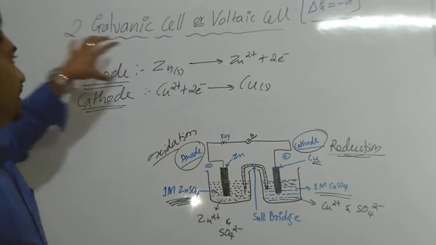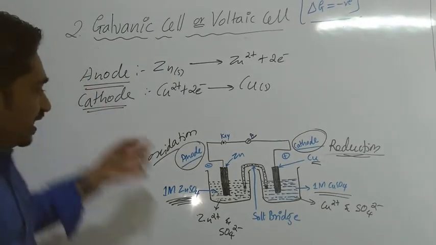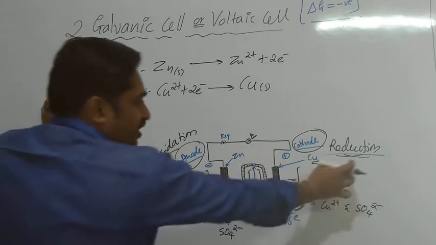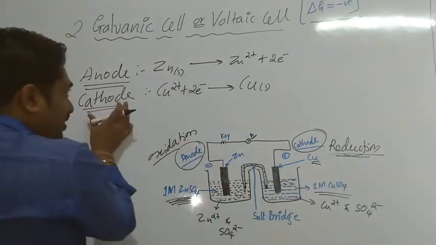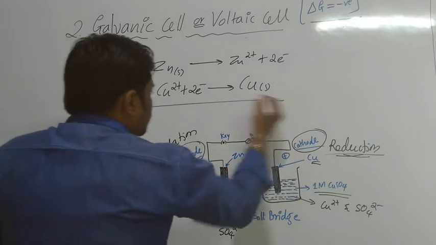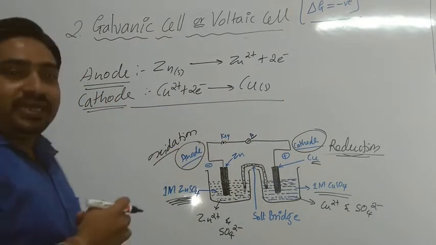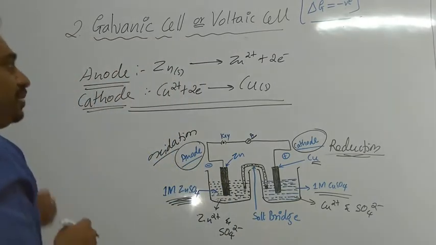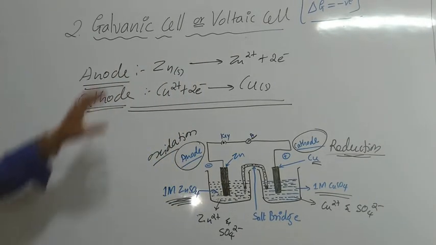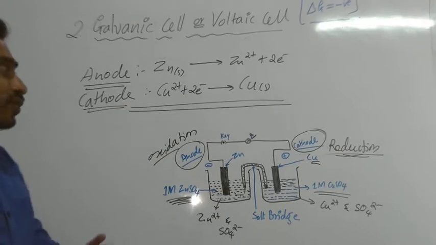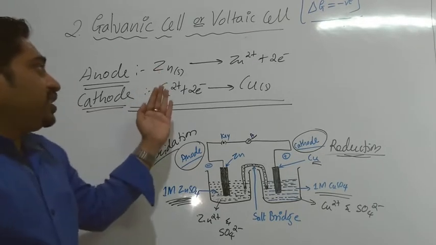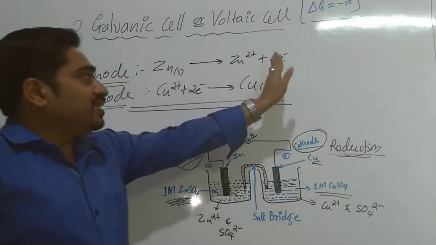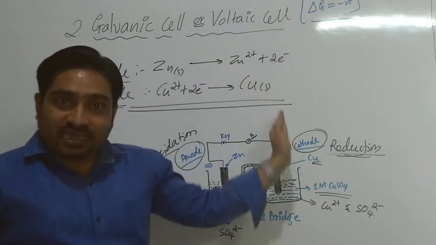The first one is the oxidation reaction taking place at the anode, and the second one is the reduction reaction taking place at the cathode. Let us add these two chemical reactions. To add chemical reactions, we know that components present on the reactant side are cancelled with exactly the same components if they are present on the right hand side.